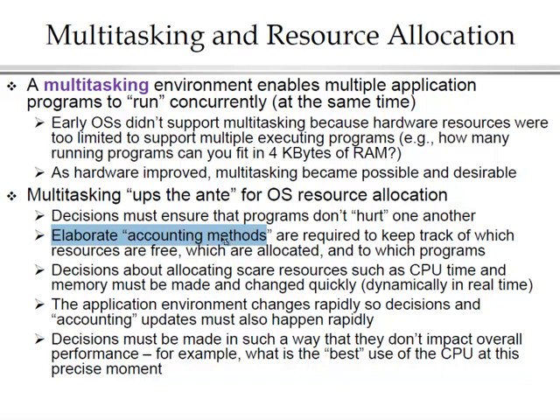So think of a whole bunch of accounting records that change fairly quickly, keeping track of all this stuff. Decisions about allocating those resources have to be made very quickly, and they're changed very quickly. Programs start, programs finish.